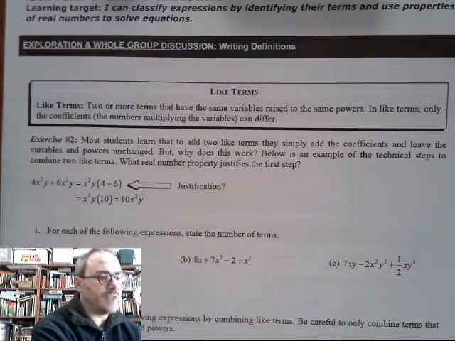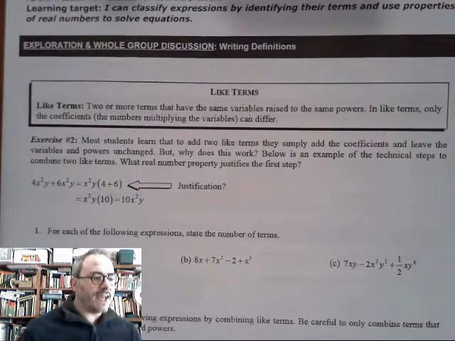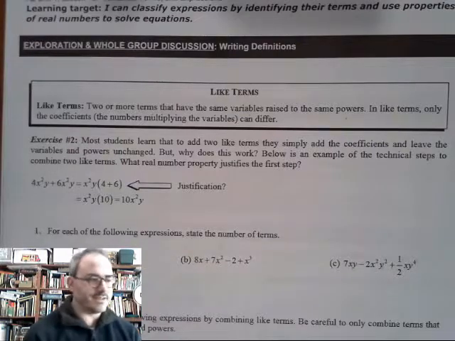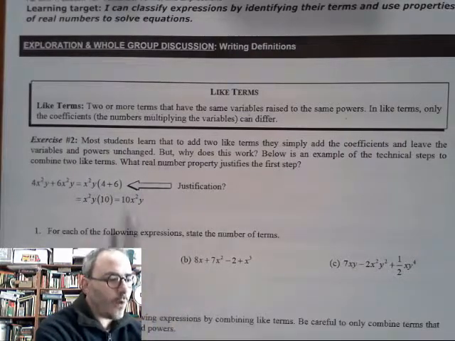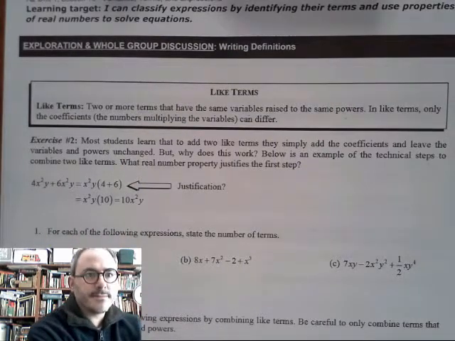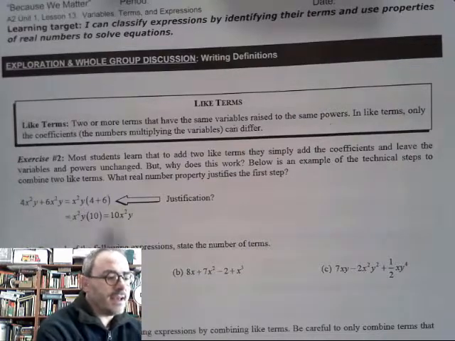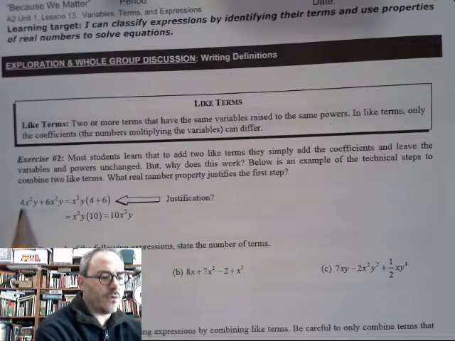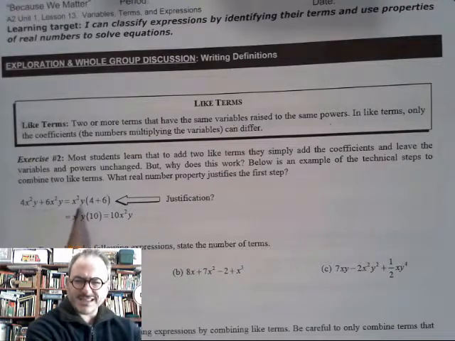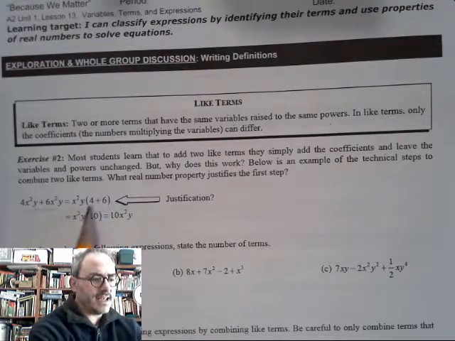Most of you learned that to add two like terms, you simply add the coefficients and leave the variables and the powers unchanged. And let's think about why this works. Here's an example. If we have this expression here, 4 times x to the second times y plus 6 times x to the second times y, we could break this expression down into x squared times y times the expression 4 plus 6, right?